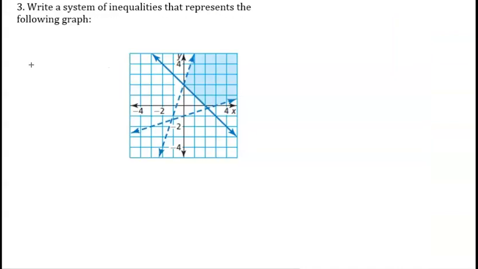Number 3. Write a system of inequalities that represents the following graph. So we'll take each of these linear lines, find the slope and the y-intercept, and then we'll make the equations. Let's look at the solid line first. So we'll find the y-intercept.